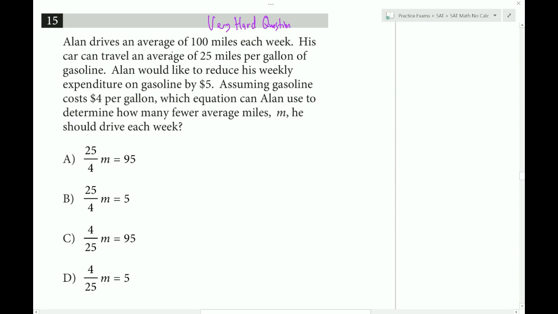So, first of all, we can list out some quantities along with their units. Alan drives 100 miles per week, right? His car can travel 25 miles per gallon. So we can list that out. And he'd like to reduce his weekly expenditure on gasoline by $5. So that's $5 per week reduction.